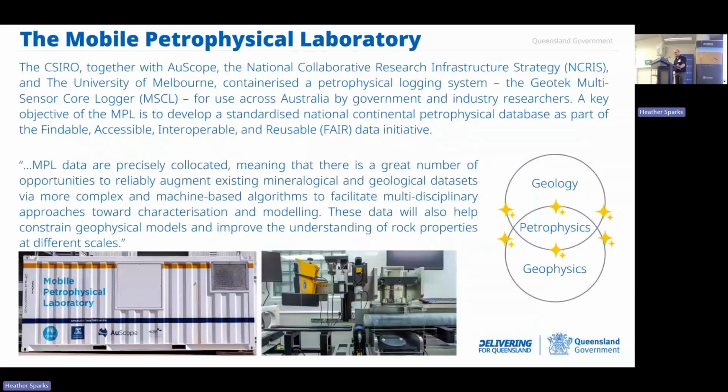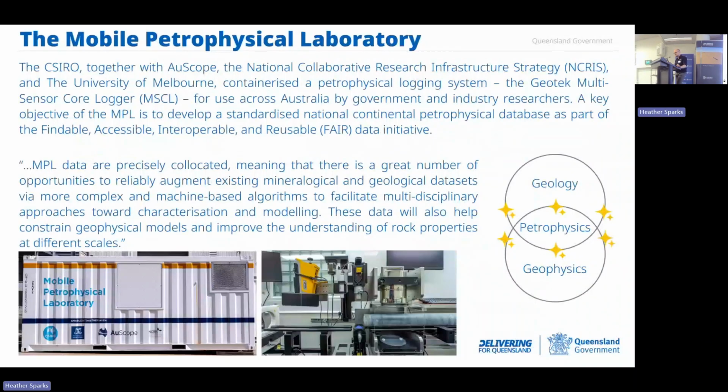And so, cue the Mobile Petrophysics Laboratory. This is a collaborative initiative between CSIRO, AuScope, the NCRIS, and the University of Melbourne, and the MPL was found to be the ideal tool for the job.